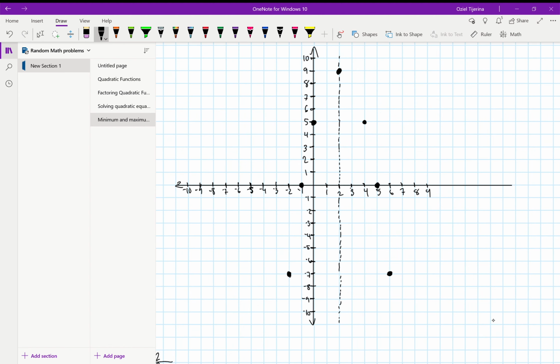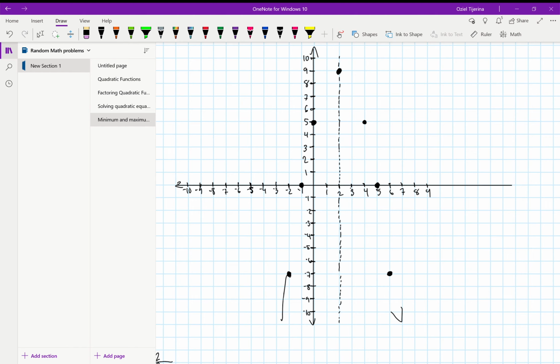Okay, so then your parabola is going to kind of look like this, if I can draw it correctly.